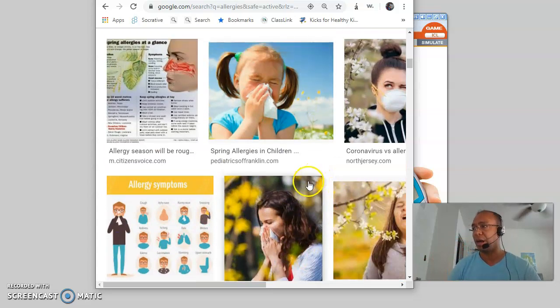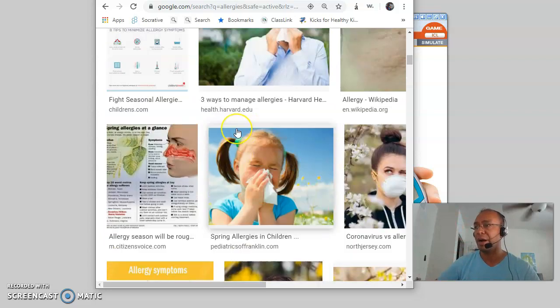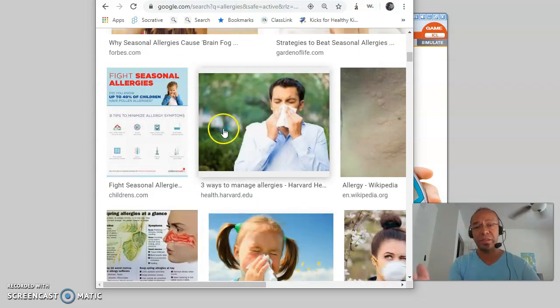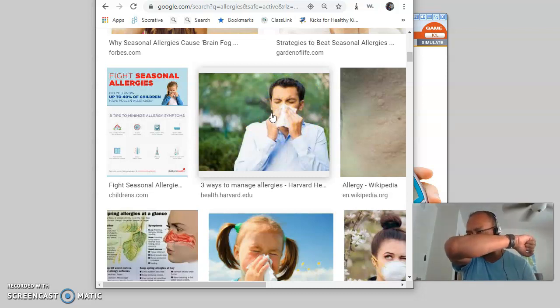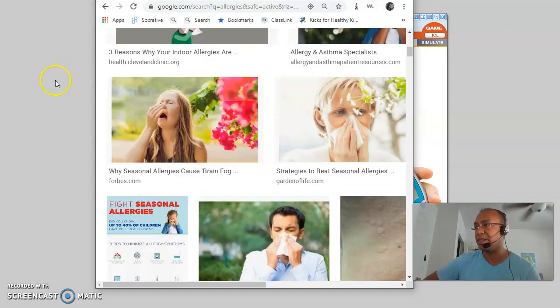The more pollen there is in the air, the more problems someone has. So this person is sneezing, and we know that now we don't sneeze that way. We cover our face or nose, and most of the time nowadays we use a mask, correct? So these are allergies.